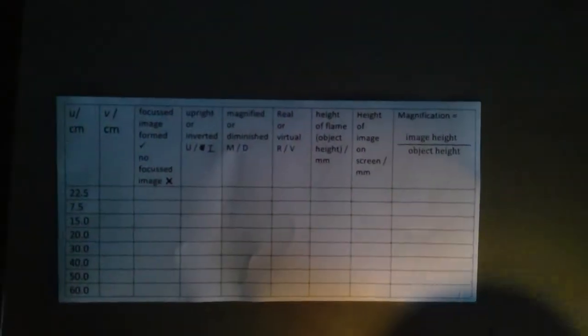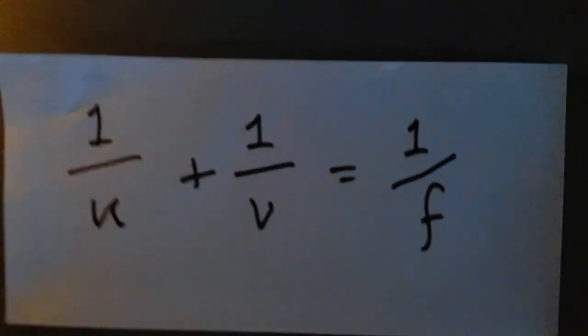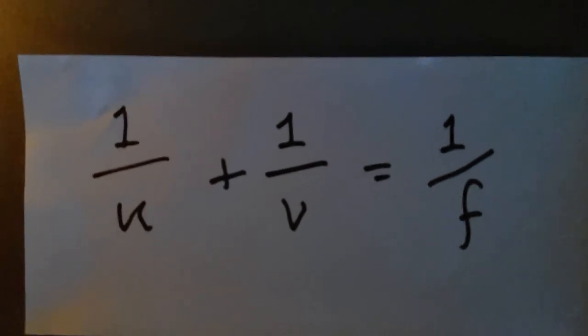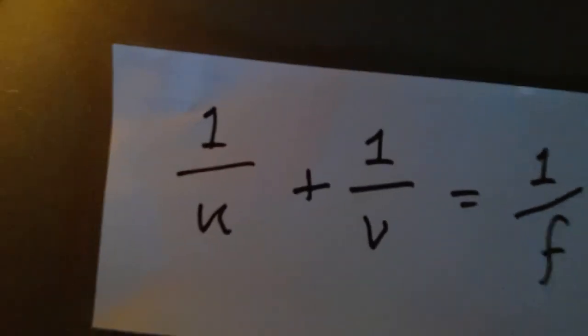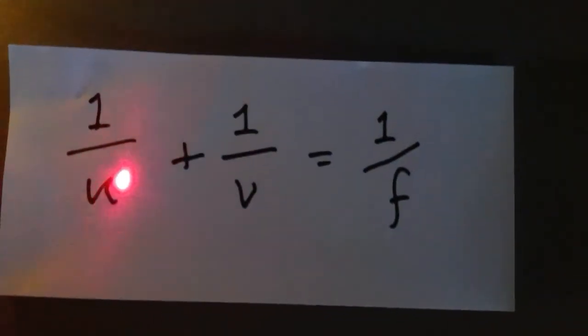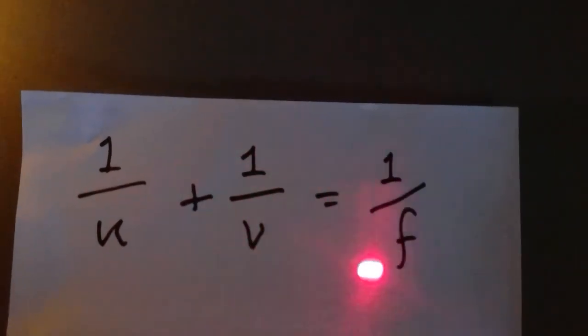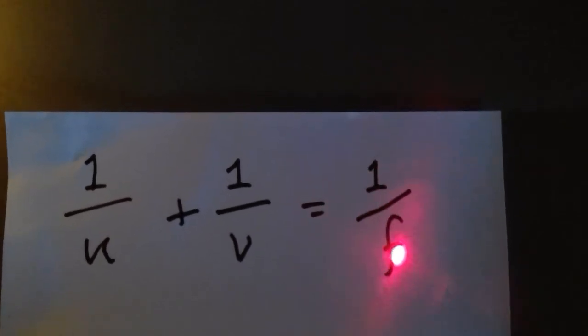So now we can process those results, get magnification for all of those, well, the ones where we found an image. And as a piece of extension, this is the thin lens formula. And this, you can investigate, does this apply? If you put your value in for U, for each distance of U, then put the corresponding value of V, that's always going to be 1 over 15 centimeters.